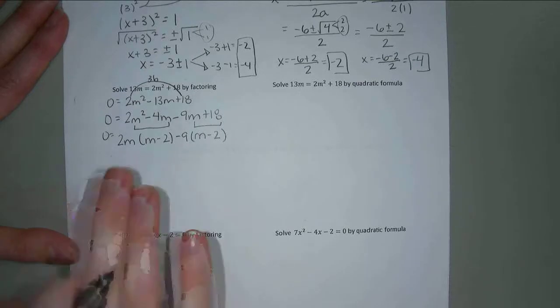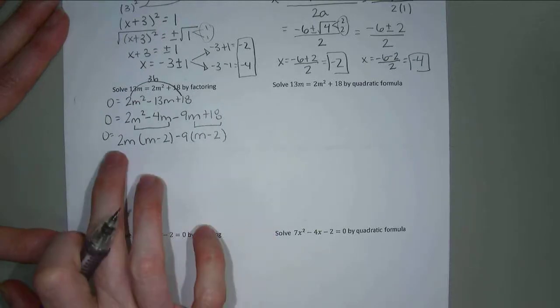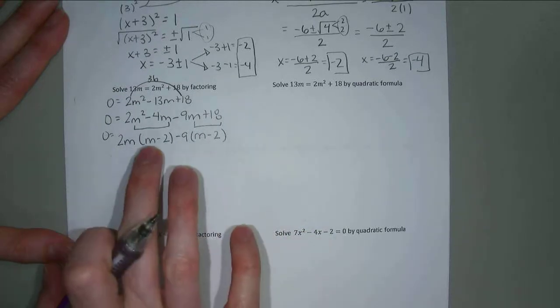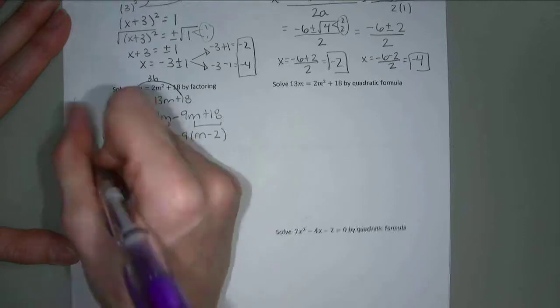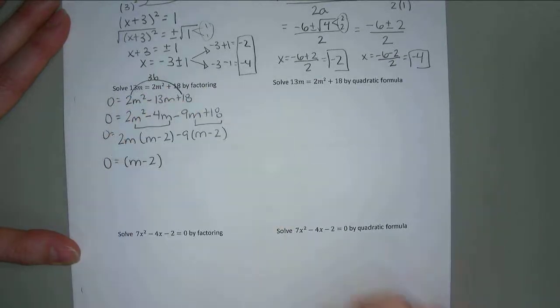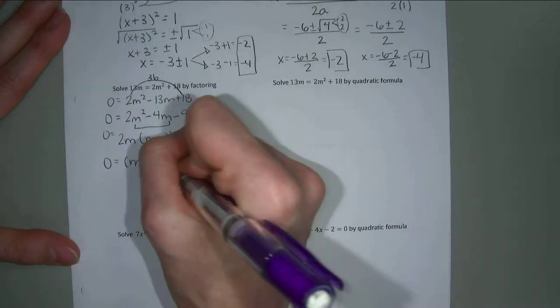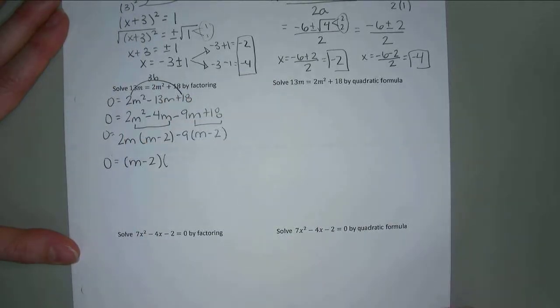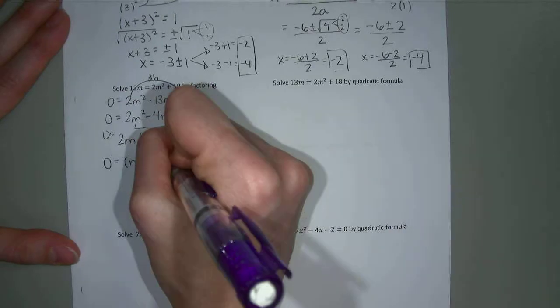And remember, you want to get these matching terms, because this is one term and this is one term, but m minus 2 is the GCF. So factor out m minus 2, pull it to the front, and when you pull m minus 2 to the front, what are you left with? 2m minus 9. You got it.